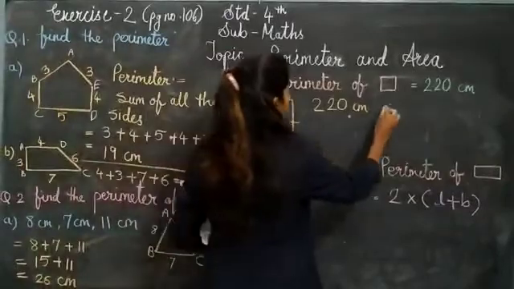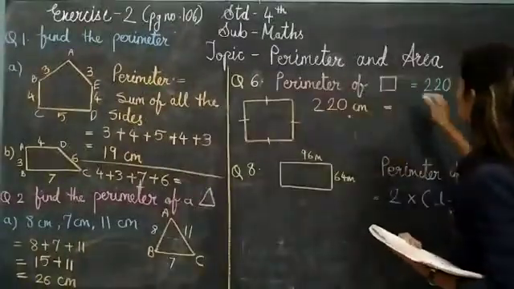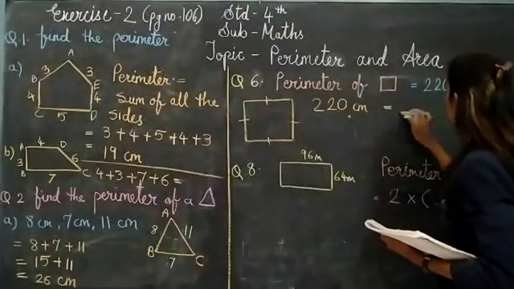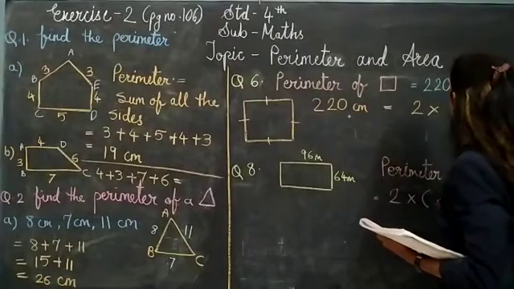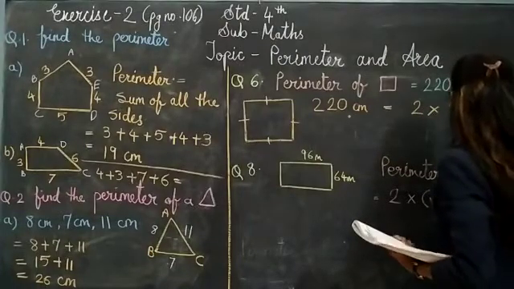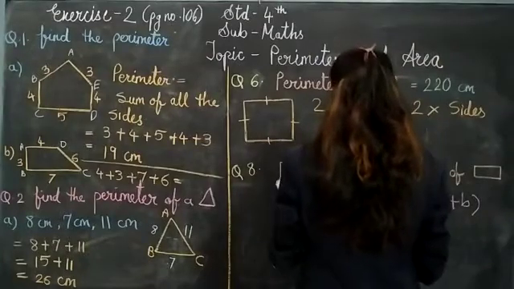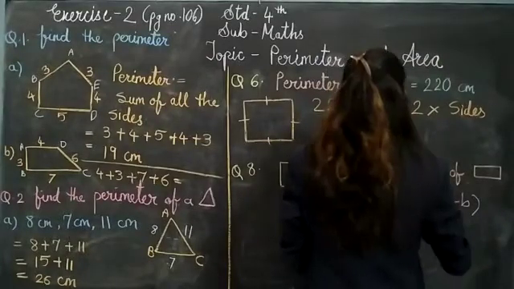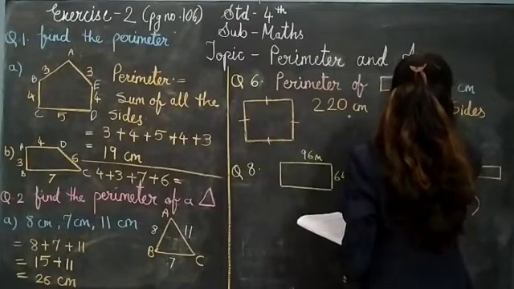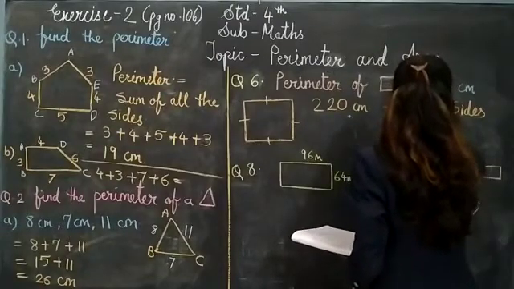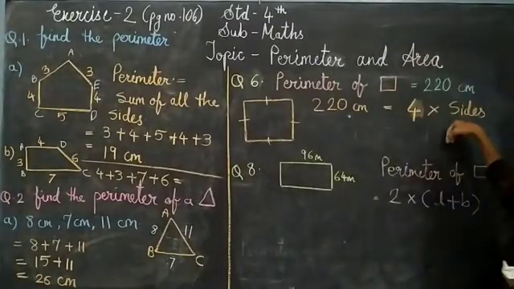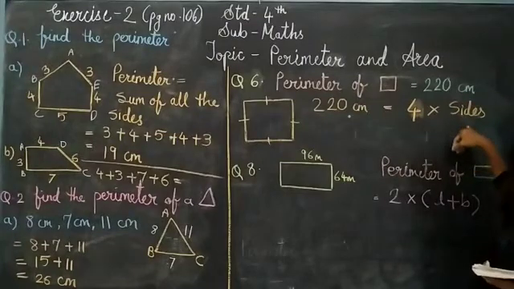So our formula for the perimeter of a square is 4 multiplied by sides.